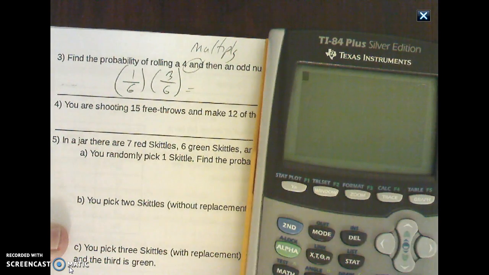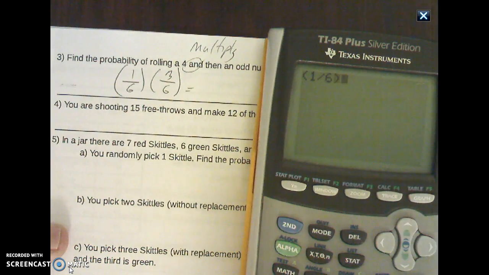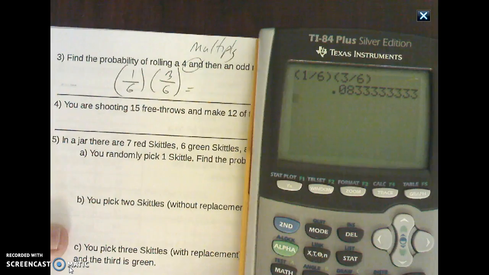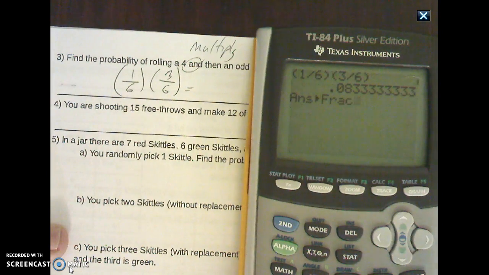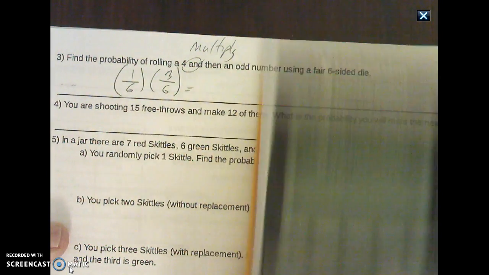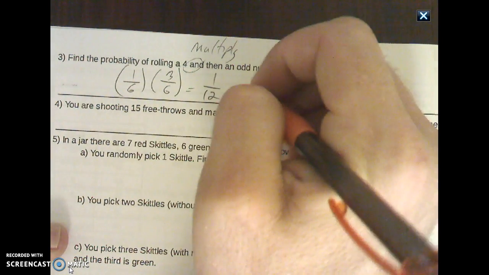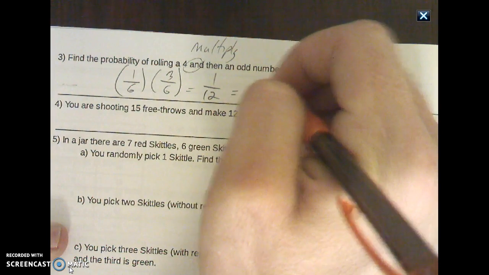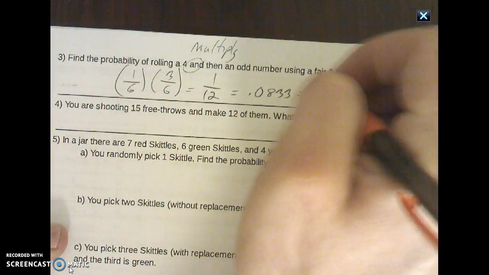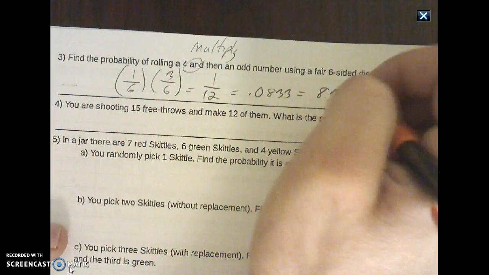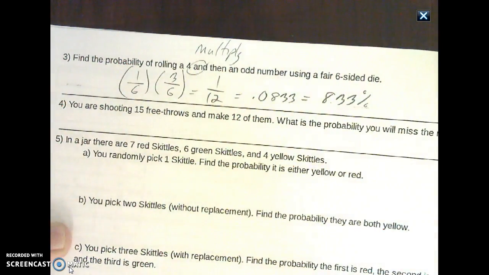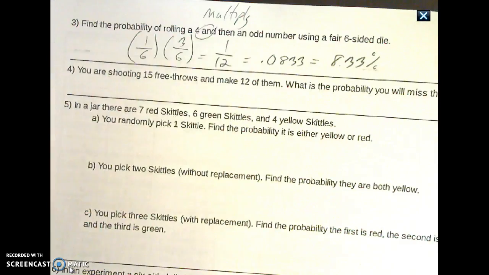Okay, so if I'm looking at this, I got parentheses 1 divided by 6, parentheses 3 divided by 6, math, enter, enter. 1 out of 12, okay? So it'd be 1 out of 12. If you're looking for a percentage, the decimal would be 0.0833 or 8.33%, okay? Just be aware you might get any one of those things on the test.